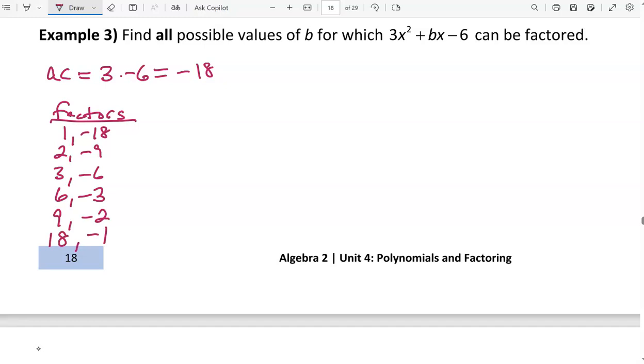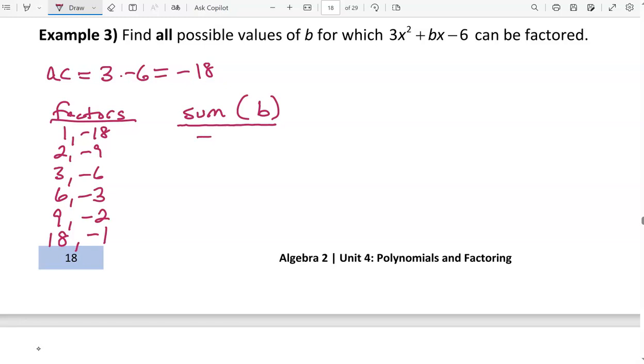It's helpful if you can make a really organized list here. And then we're going to find their sum. And remember, their sum is what b is. So their sum is actually all the possible values of b for which this can be factored.